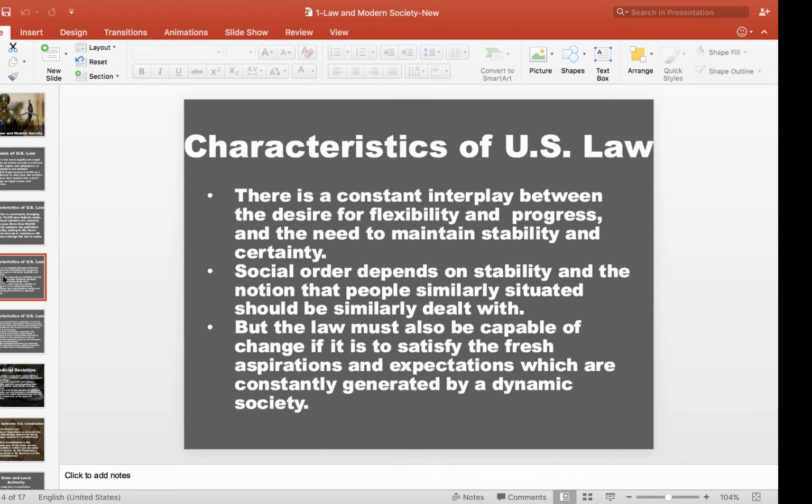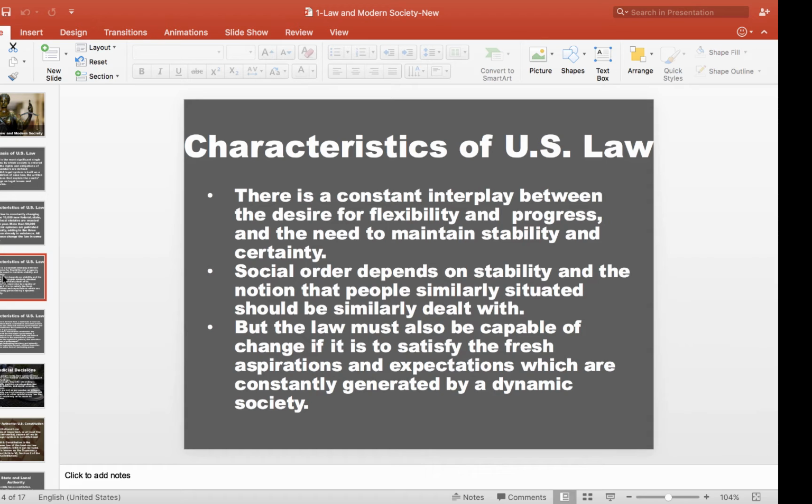So there's an interplay between the desire for flexibility and progress and the need to maintain stability and certainty. If you look at the Supreme Court, there is what is called the liberal wing, the conservative wing, and some moderates on occasion.